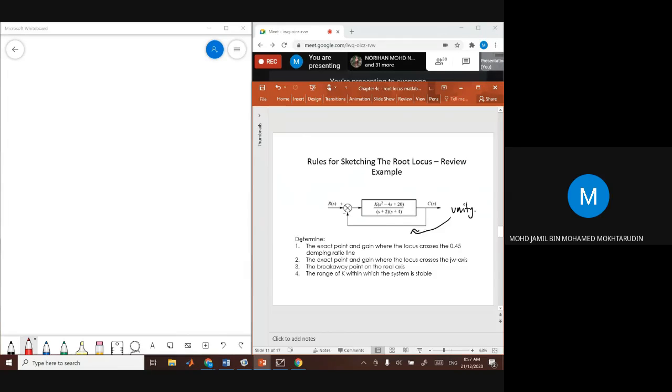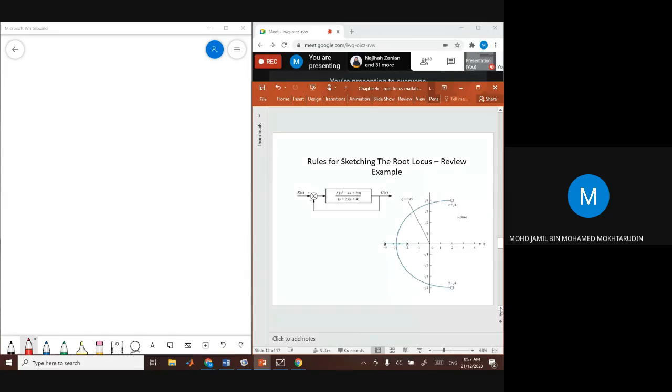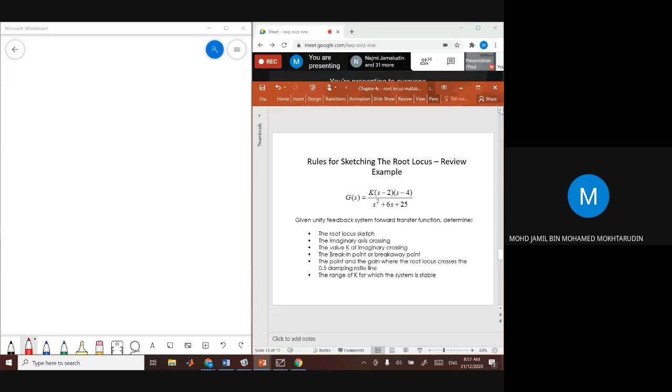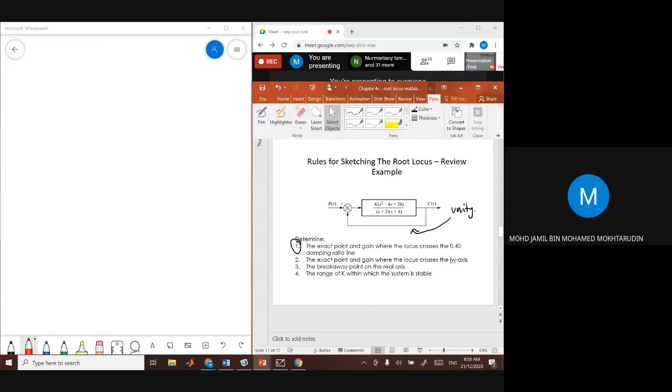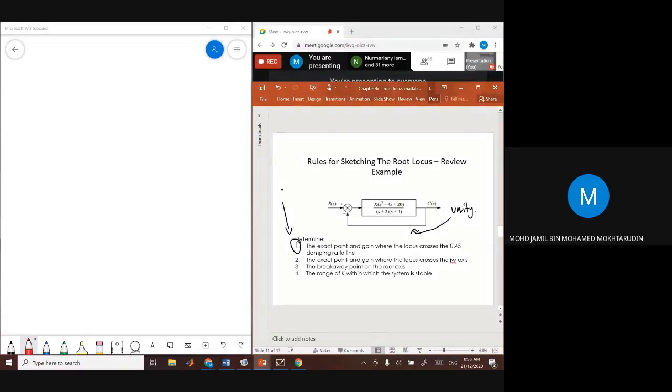Okay, so question number 1 here, you cannot do it manually. To do it manually is very, very hard. So for question number 1, you can use MATLAB, okay? So we skip question number 1.